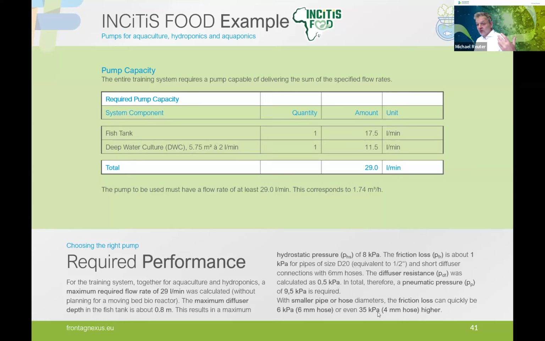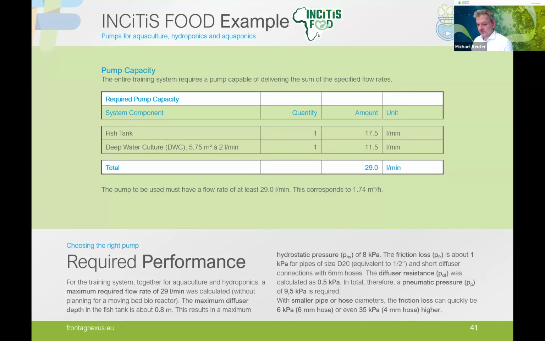if we would not use a half-inch distribution pipe for our air, but something smaller like 6 millimeter hose for the whole system, or probably even worse, 4 millimeter hoses, we can quickly reach pressure losses only for the piping system of 6 kilopascal or even 35 kilopascal.